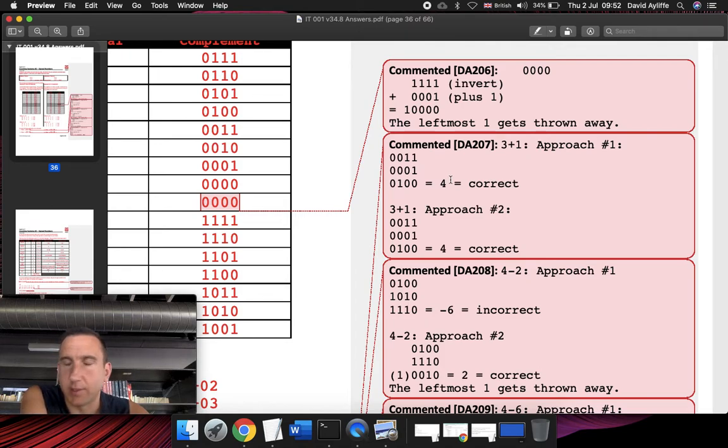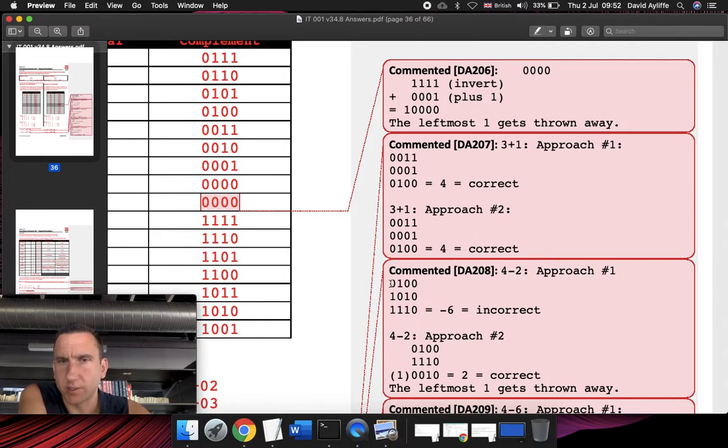And 0 and 0 and 0 is 0, so the answer is 4. The same logic here, we have the same inputs, and we get the same answer out. So approach 1 and approach 2, we get the same answer, and we get the correct answer.